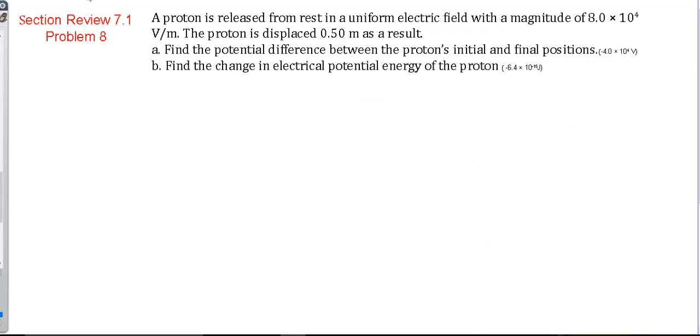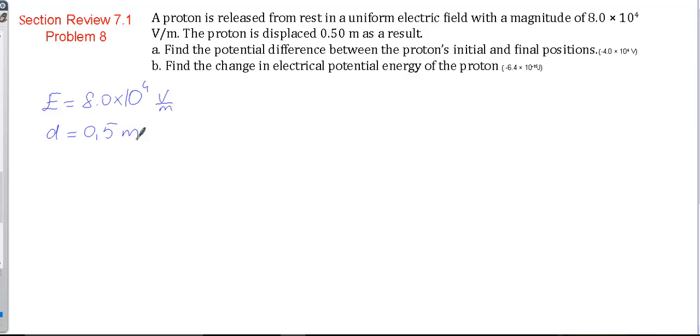8. A proton is released from rest in a uniform electric field with a magnitude of 8.0 × 10^4 volt per meter. Electric field is given, equal to 8.0 × 10^4 volt per meter. And the proton is displaced 0.5 meters.